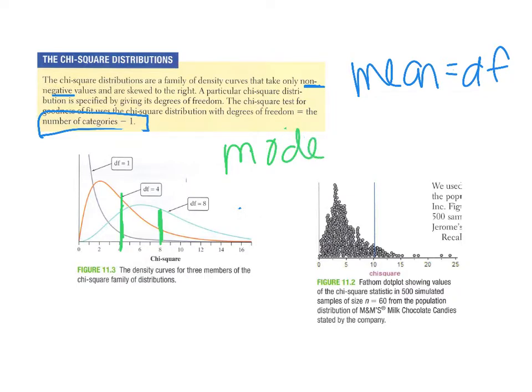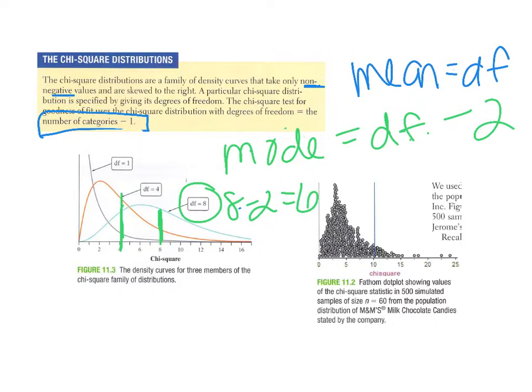So if the degrees of freedom are greater than 2, then the mode is the degrees of freedom minus 2. For example, the mode for this one here would be 8 minus 2, so the mode would be 6. The mode here would be 4 minus 2, which is 2. I can't do the mode when the degrees of freedom equals 1 because I need to have at least 2.